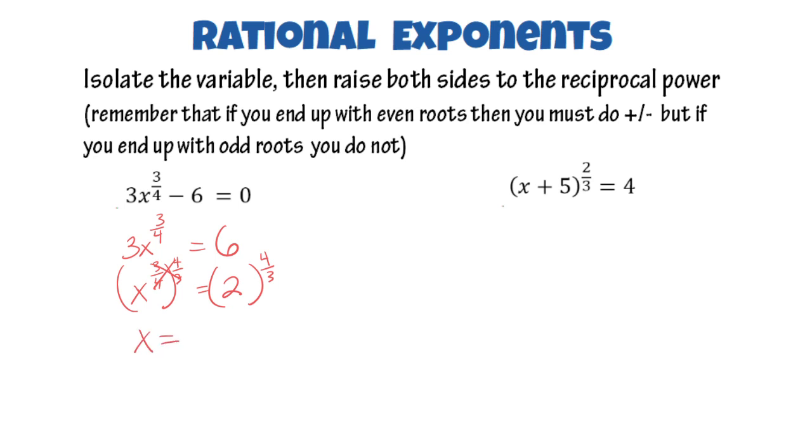Now, sometimes you're going to get problems that you can actually reduce and do something with. This one, not so much. Notice that this right here is a cube root. I'm going to take it to the 4th power and I'm going to cube root it. The cube root means I'm doing an odd root and I don't do the plus or minus. It's going to look like this.